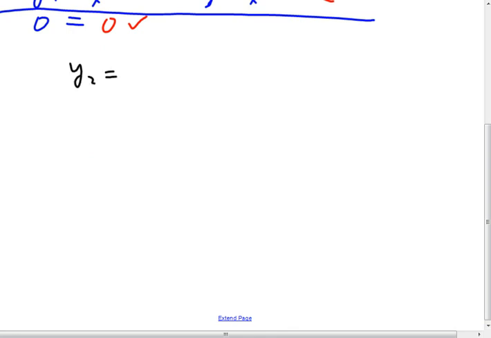Okay, y2 is sine of the natural log of x.